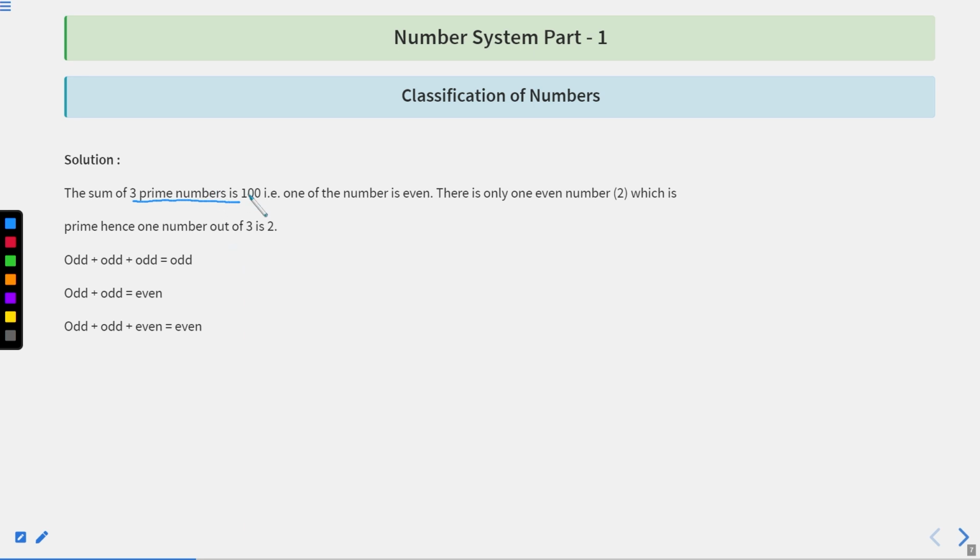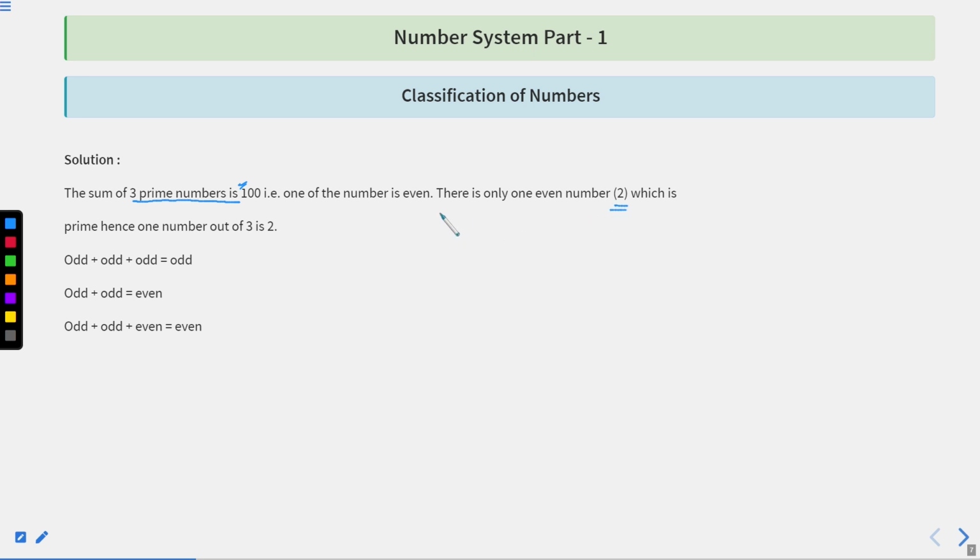Since the sum of these 3 prime numbers is 100, which is even, one of the 3 numbers should be even. Recall from lecture number 1, the only even prime number is 2. So one of the numbers should be 2.